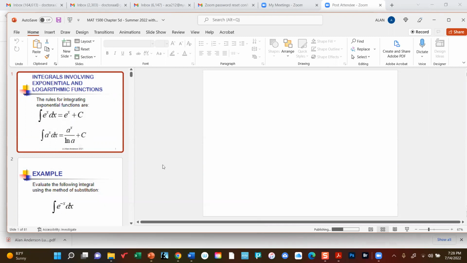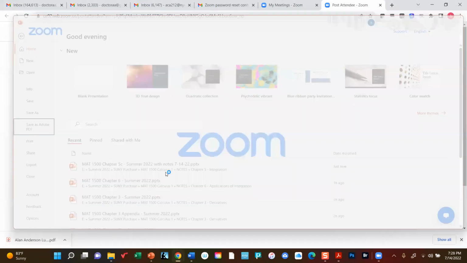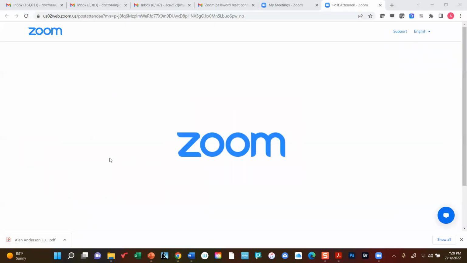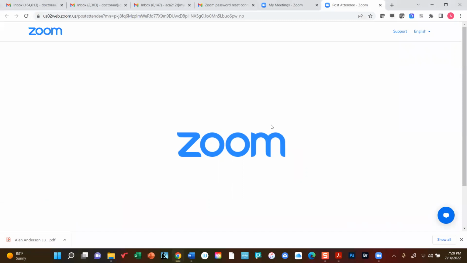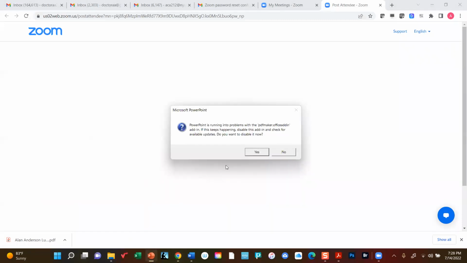I think I should have saved that PDF for later because it's gumming up the works now. Let's just give it a minute. Oh, I didn't even notice that.